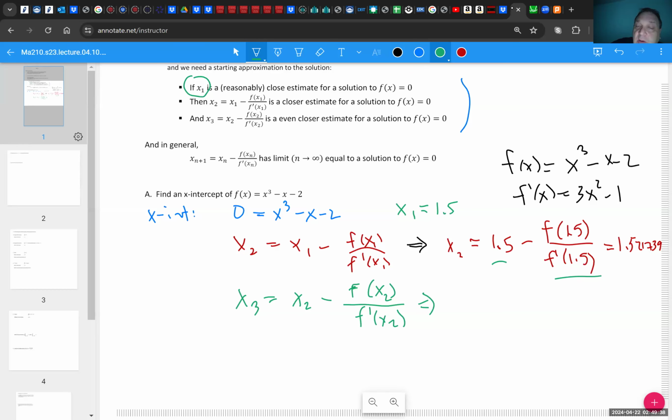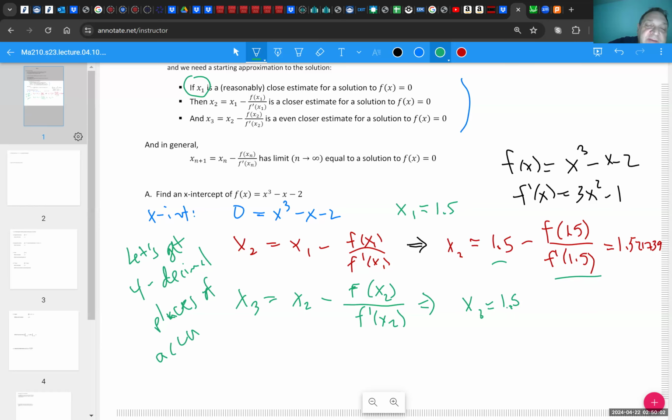And so what do we get here? Well, we get our x3 as our new value. Let's suppose I want 4 decimal places of accuracy. To get 4 decimal places of accuracy, I actually have to go to 5 because there's rounding errors.